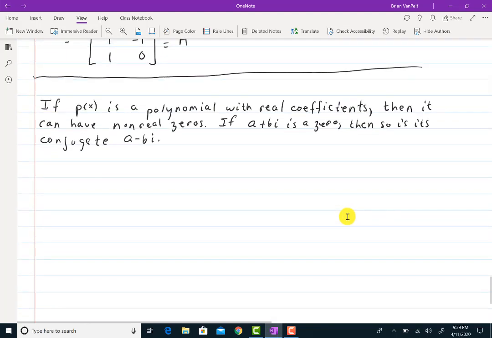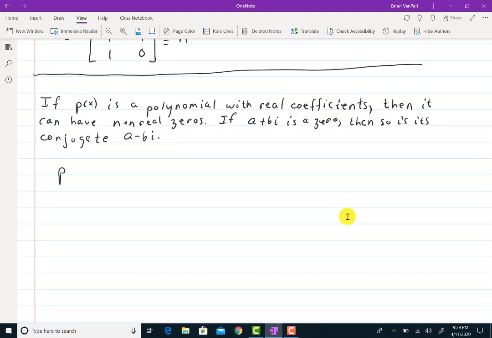So you may see something like this. You may have P of x, let's say that equals an x to the n plus an minus 1 x to the n minus 1 plus dot dot dot plus a1x plus a sub 0, and each of the coefficients is a real number.